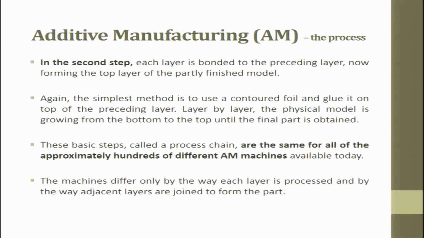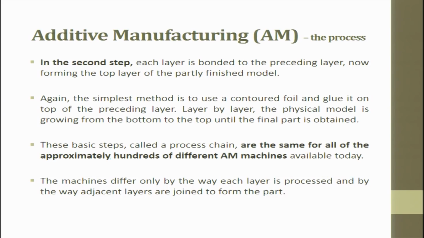In the second step, each layer is bonded to the preceding layer, now forming the top layer of the partly finished mold. Again, the simplest method is to use a contoured foil and glue it on top of the preceding layer. Layer by layer, the physical model grows from the bottom to the top until the final part is obtained.